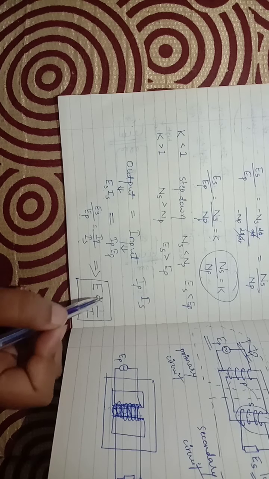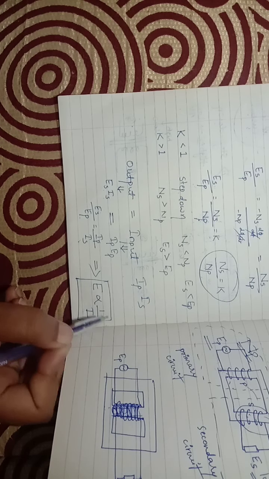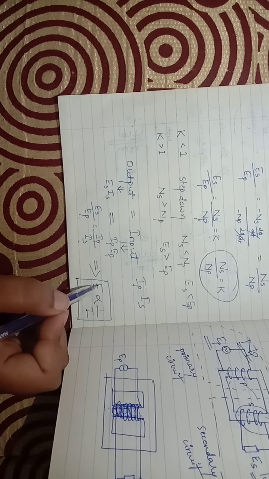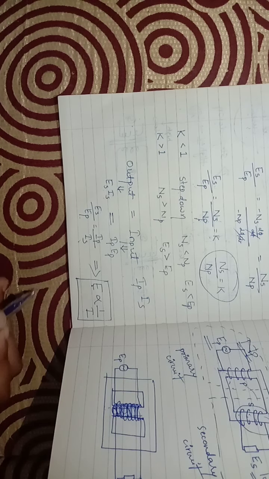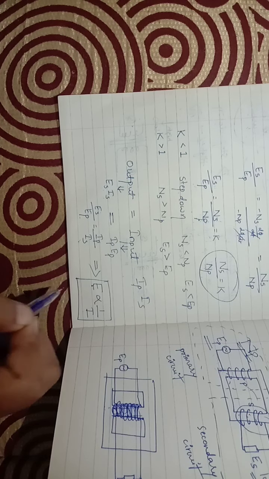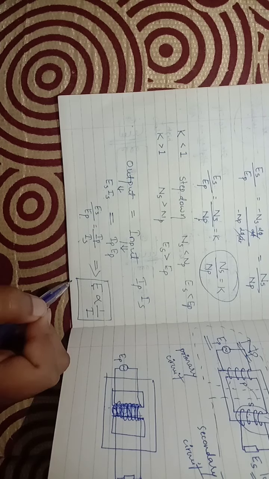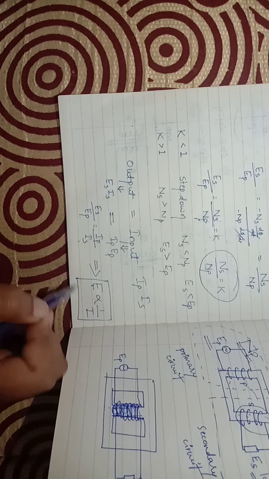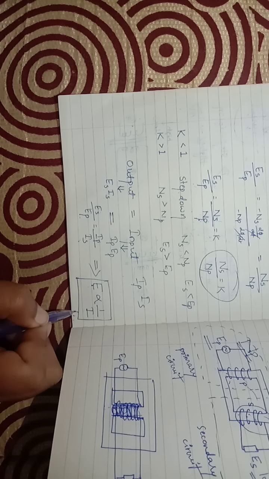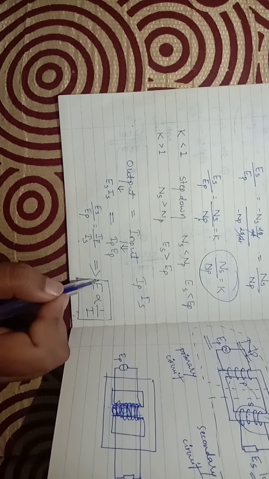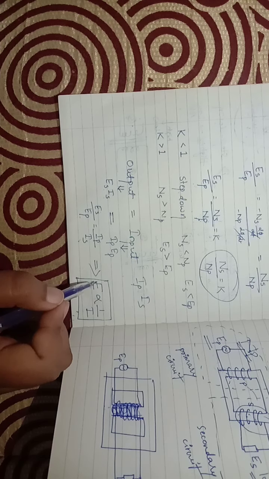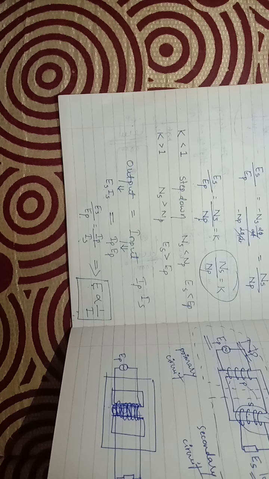Whenever the current is maximum, the voltage is less; whenever the voltage is maximum, current is minimum. Understood? So in the transformer, voltage increases with decrease in the current, or current increases with decrease in the voltage.